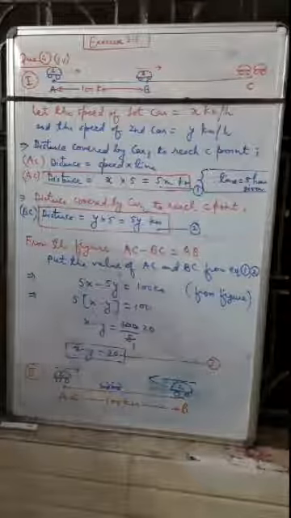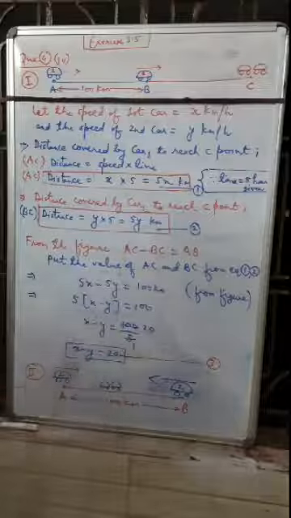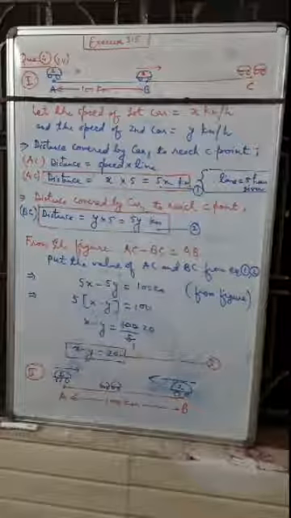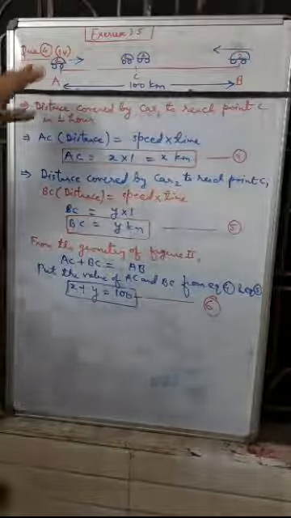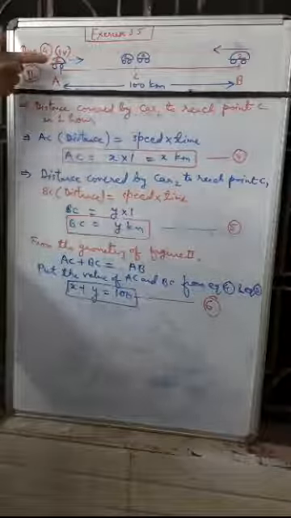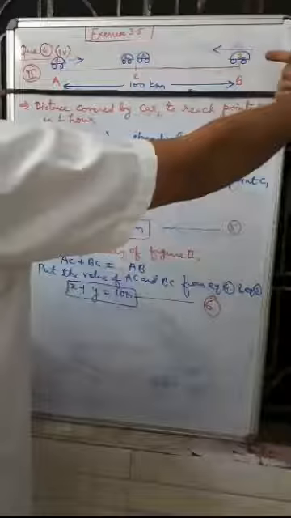Now we will get the description of the second condition in the next part. The cars are moving in opposite directions. Car 1 is moving from left to right, and car 2 is moving from right to left.